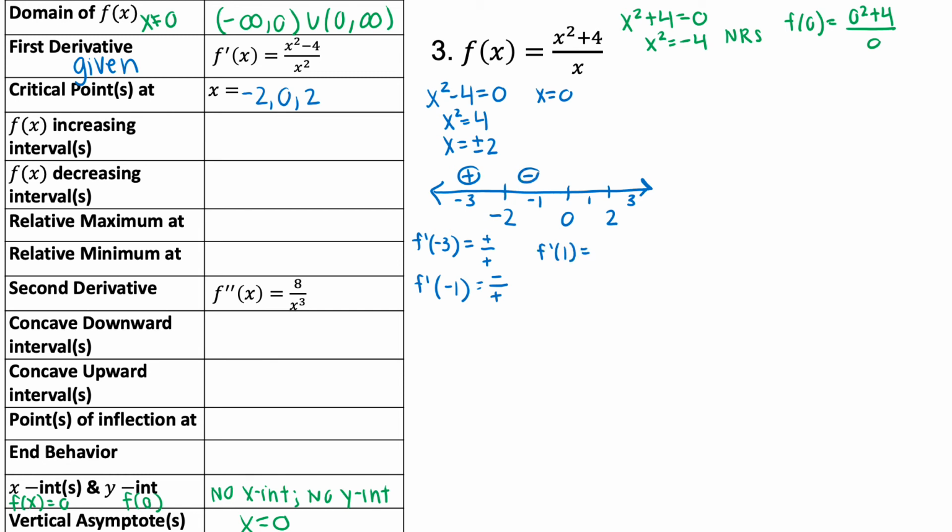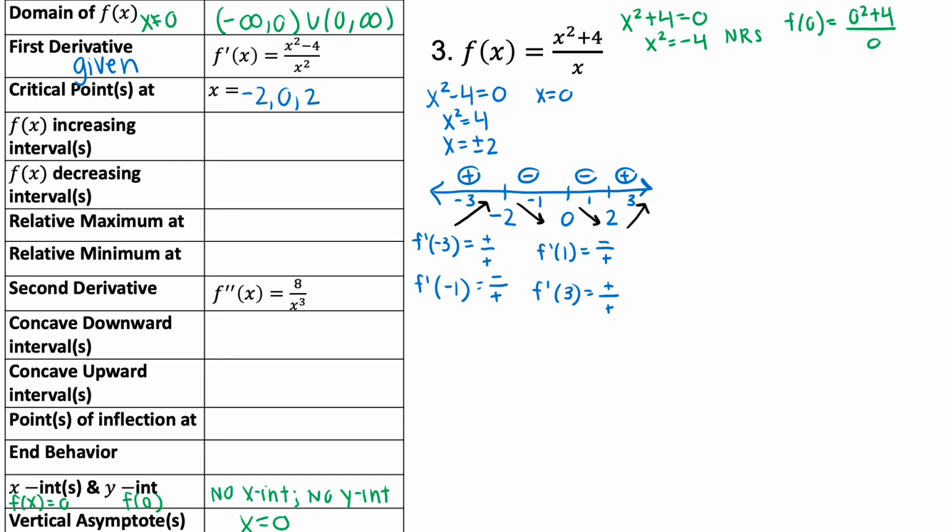F prime of 1, 1 minus 4 is negative over that denominator is always positive, gives us a negative. And then finally, f prime of 3 gives us 5, which is positive over an always positive, positive. So we are increasing, decreasing, decreasing, and then increasing.